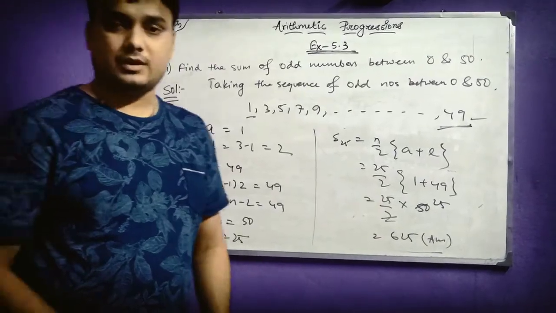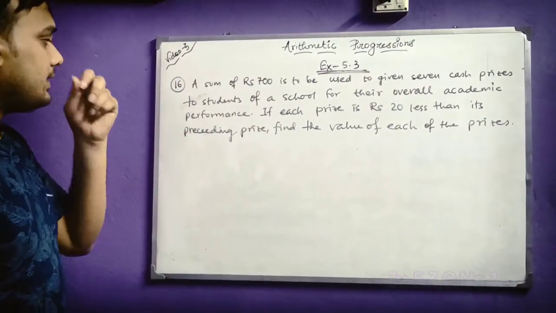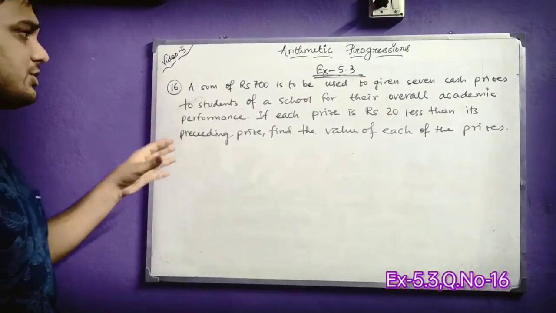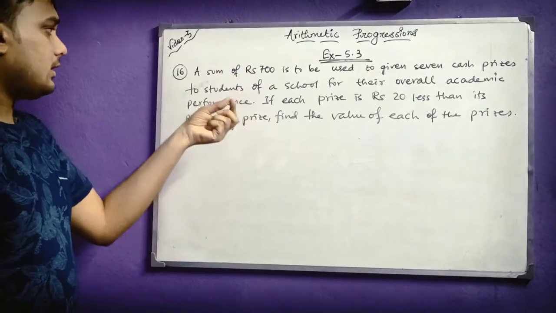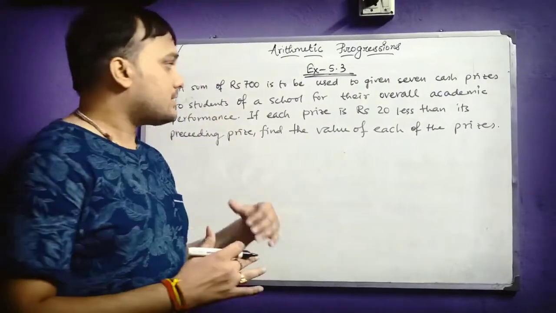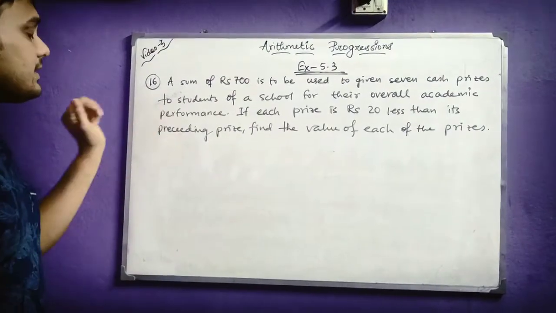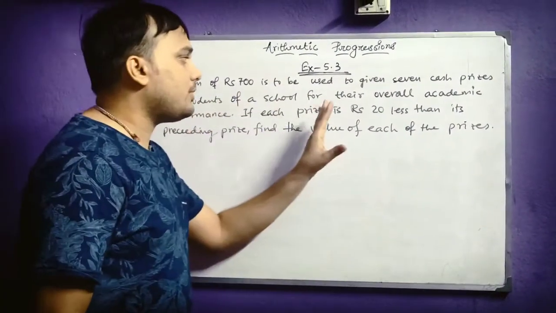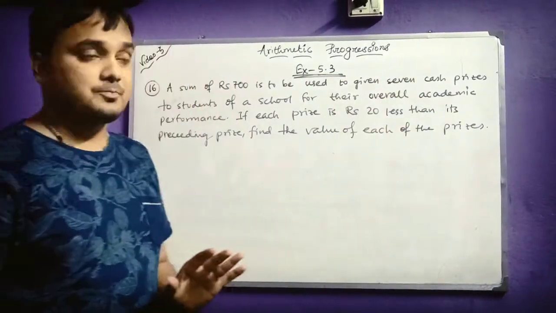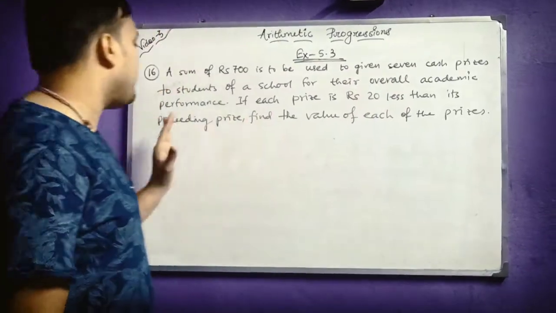Let us move on to our next question. Students, yeah, here I have taken question number 60. It's a very good question with respect to your daily life. A certain situation is given here, and then we have to find the answer. Okay, you can see here that a sum of rupees 700 is to be used to give 7 cash prizes to students of a school for their overall academic performance.